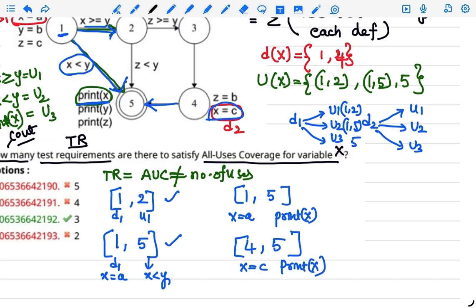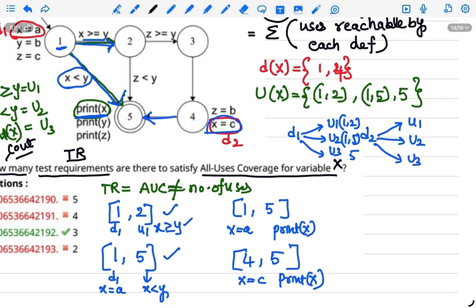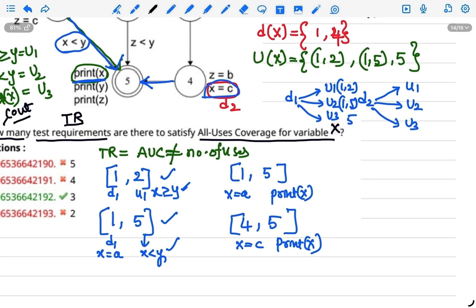From definition 1, we are using x greater than or equal to y, so this use is covered. X less than y, this use is covered. And definition 2, x equals c, to use u3, this use is also covered. This is a valid path 4 comma 5.